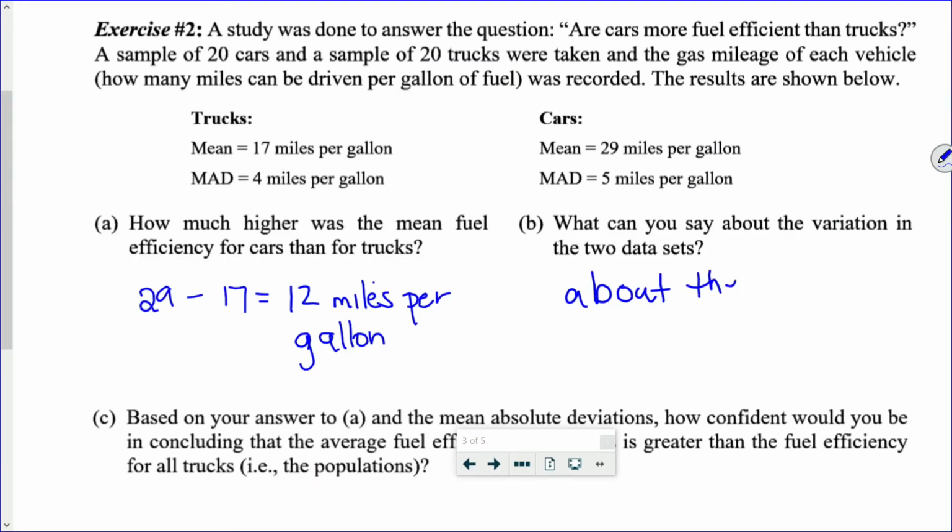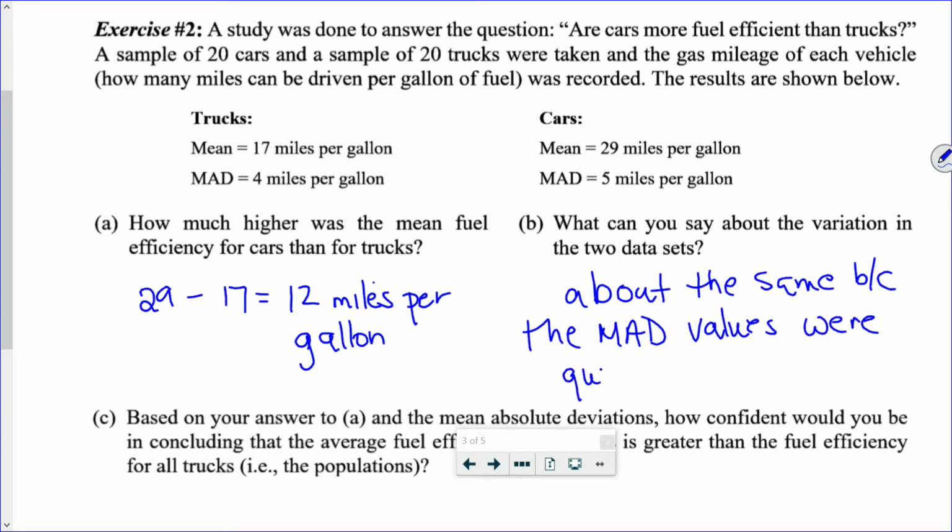About the same, because the MAD values were quite close.